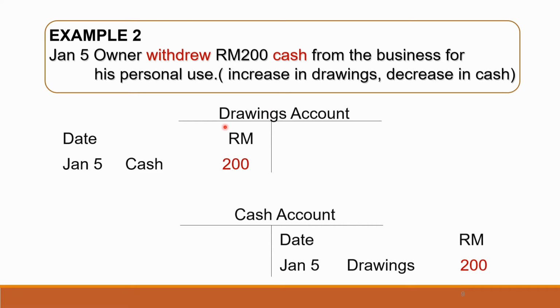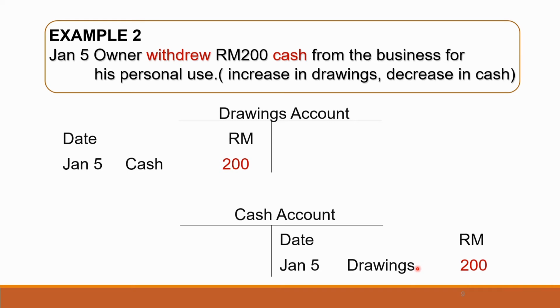So when you want to record an increase in the drawings account, you must record in the debit side 200, and at the same time for this transaction, it will reduce the amount of cash. So when there is a decrease in cash, we must follow the rule of debit and credit.